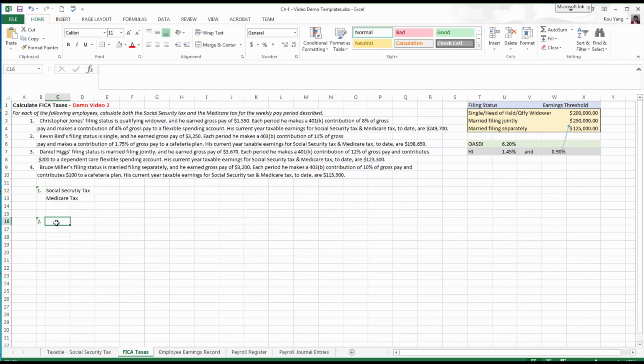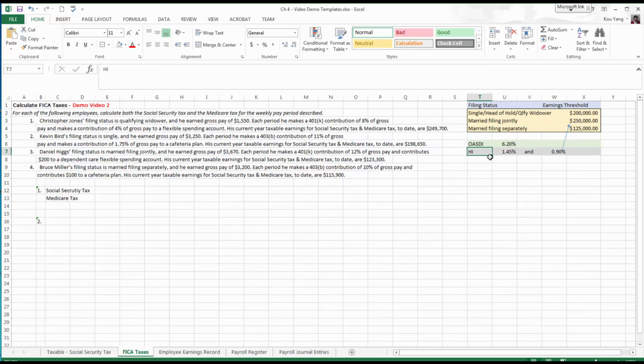Now, the Medicare tax had always been 1.45% since 1986 up to 2014. And just a little warning: unlike Social Security tax, which is OASDI, there is no upper earnings limit above which Medicare tax is not levied.